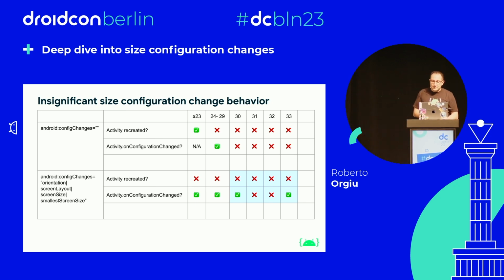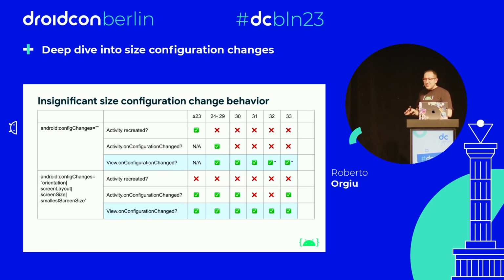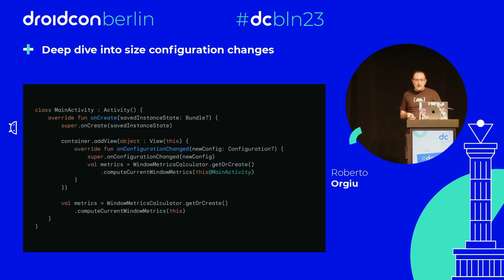So there is a way out. There is a way to get notified that a configuration change happened in all situations, and that is using the View onConfigurationChanged method on an attached view. This code here is the most reliable way to be notified of every configuration change.